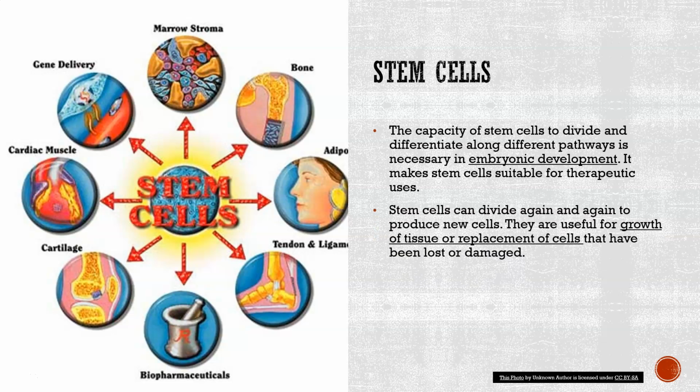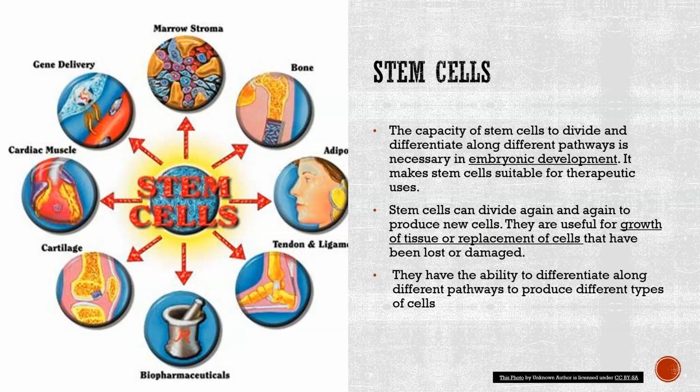Stem cells can divide again and again to produce new cells. They're useful for the growth of tissue and replacement of cells that have been lost or damaged due to whatever factors. They have the ability to differentiate along different pathways to produce different types of cells. They are really, really multifunctional.